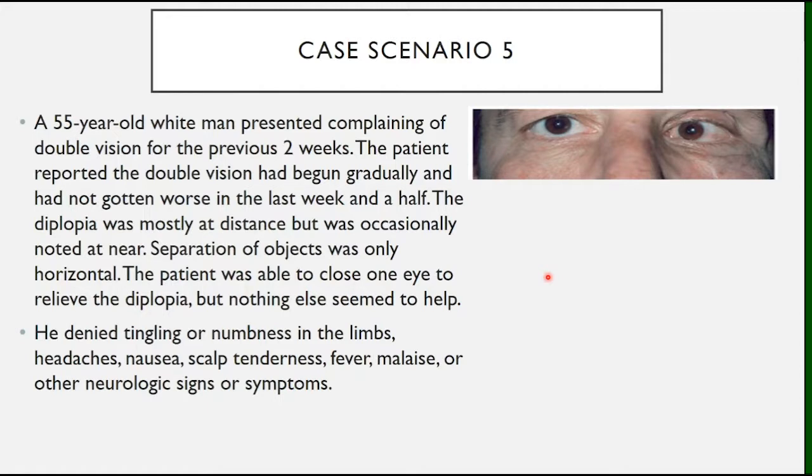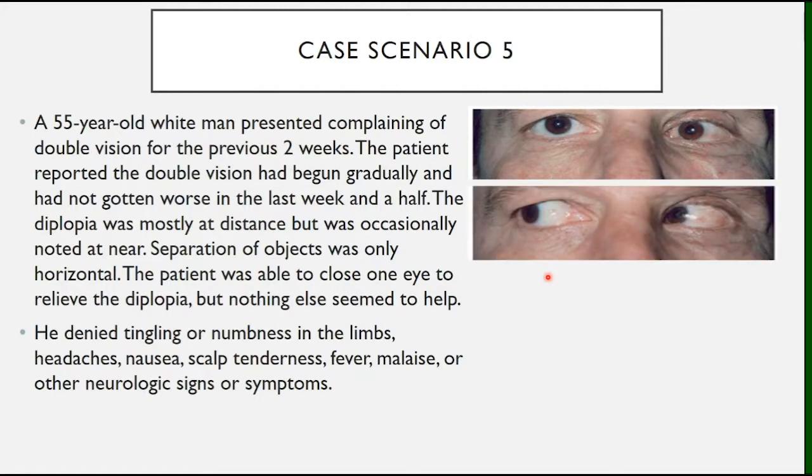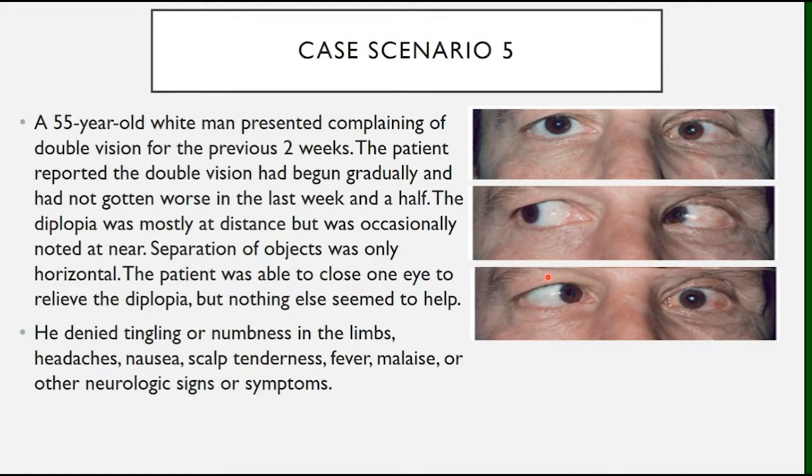Which eye is affected? Left. Okay, so what do you see? So it's adducted from primary position. Yeah, it's adducted because of unopposed medial rectus. So when he looks to the right, everything is fine. When he looks to the left, there's clear impairment of abduction on the left side. Okay.